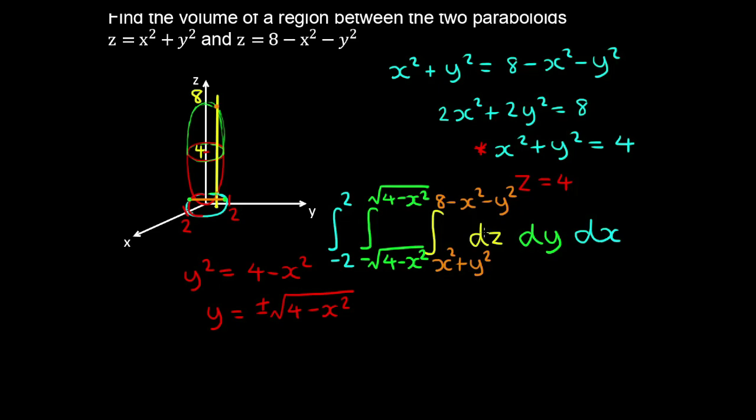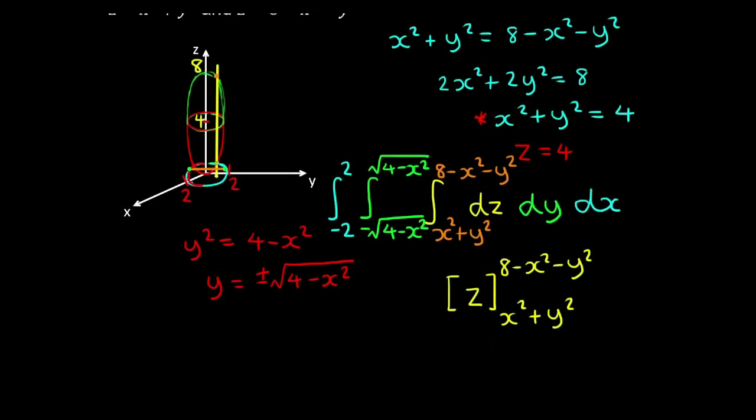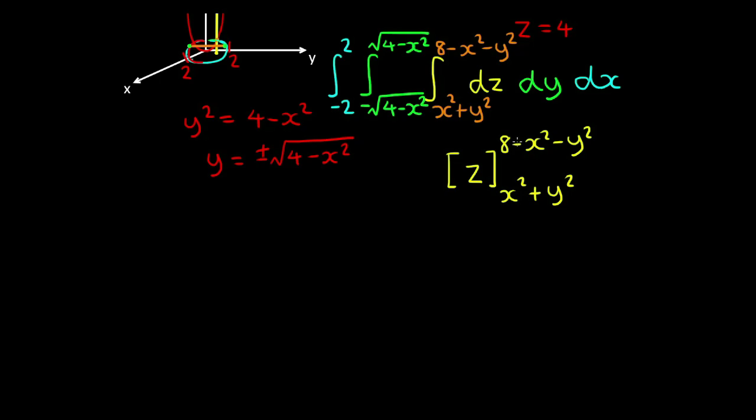So integrating with respect to z, we get z evaluated at x squared plus y squared and 8 minus x squared minus y squared. So what we get is 8 minus x squared minus y squared minus x squared minus y squared, which is 8 minus 2x squared minus 2y squared.